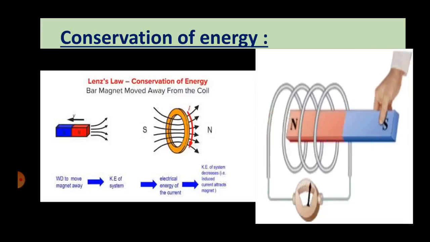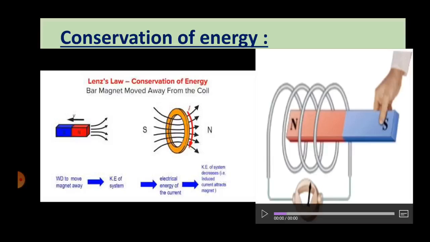So here mechanical energy is converted to electrical energy, which in turn gets converted into joule heat in the coil. So energy is converted from one form to another form. Are you clear, children? So the induced current opposes the cause responsible for its production, according to Lenz law.